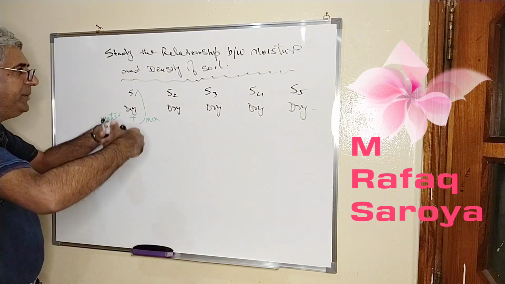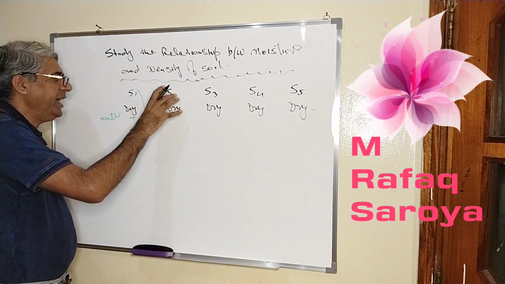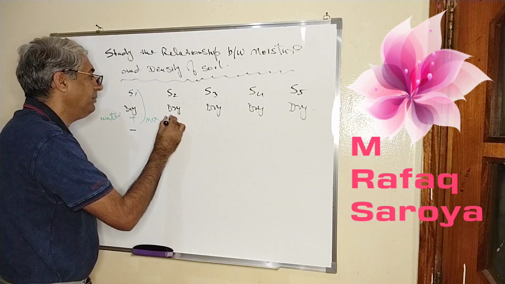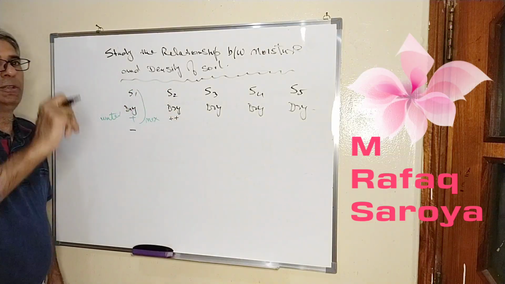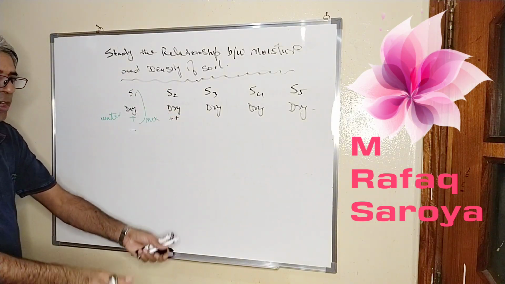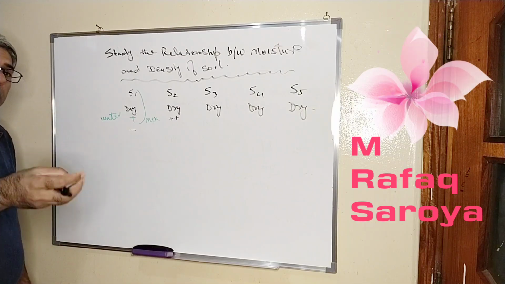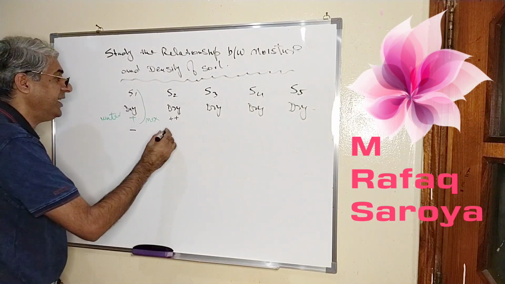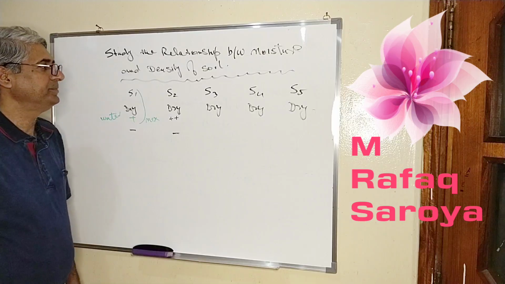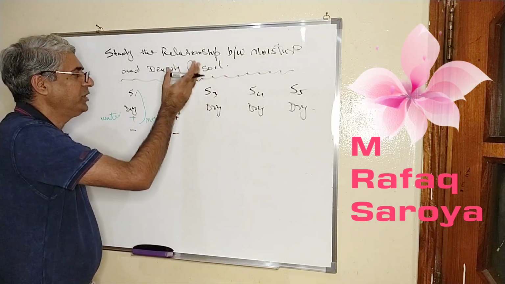Then again we will repeat the same procedure. Here we will write double plus, meaning I have increased the amount of water. Again I am going to repeat the same procedure: 5 layers, 56 blows in each layer, and here again I will find out the mass. Now I am going to take the third sample.